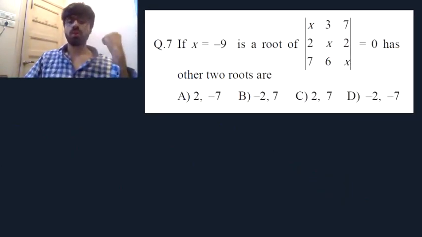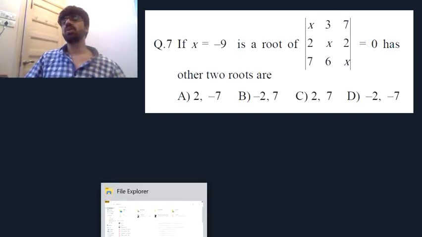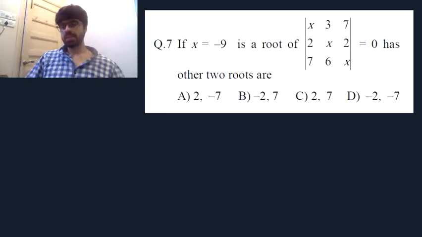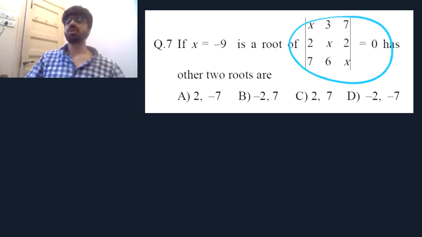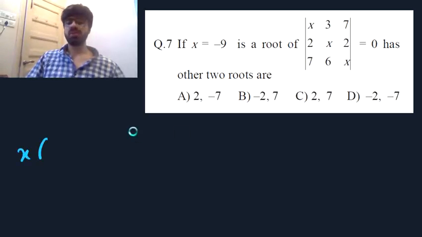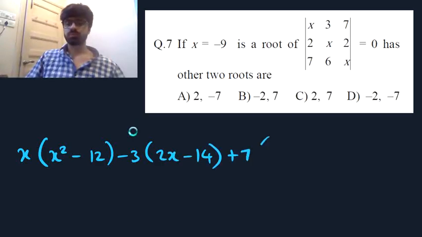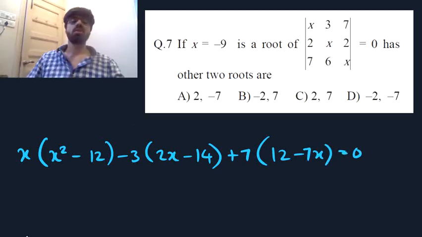Seventh one, x equal to minus 9 is the root of this equation. The other roots are what? So let's solve this entire equation. On expanding the determinant, we will have x into x square minus 12, minus 3 into 2x minus 14, plus 7 into 12 minus 7x equal to 0.